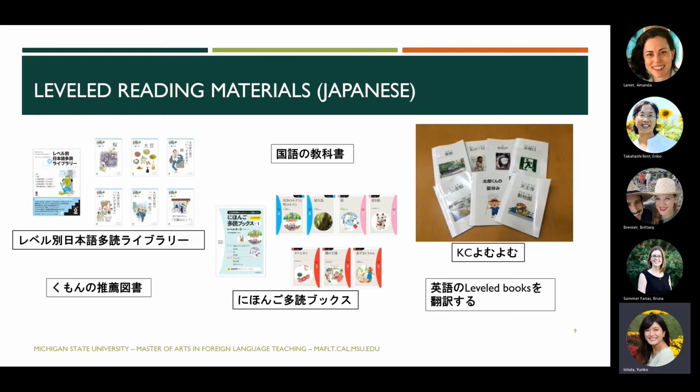If this is still too challenging for my lowest readers who are still trying to memorize letters, then I will bring English leveled books, and I will translate. It just has a word on a page, so they can practice reading letters.